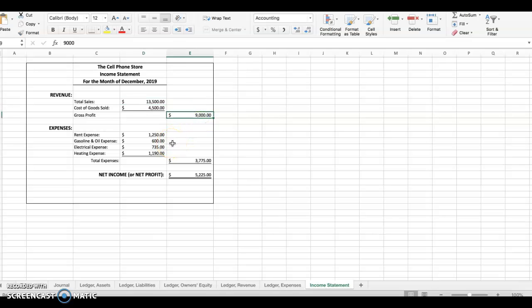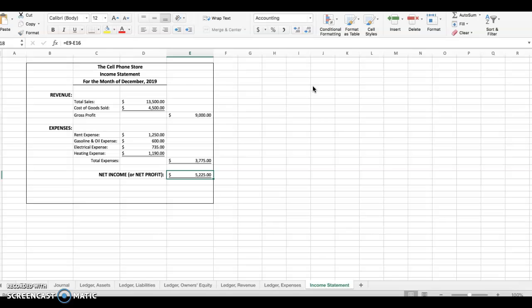A very important figure for the owners to see. Then there may well be other expenses as well. We're not concerned about them in this particular video, but there may be other expenses. In this case, let's assume they came to $3,775. When you subtract those other expenses from the gross profit, you'll get the net profit or the net income of $5,225.